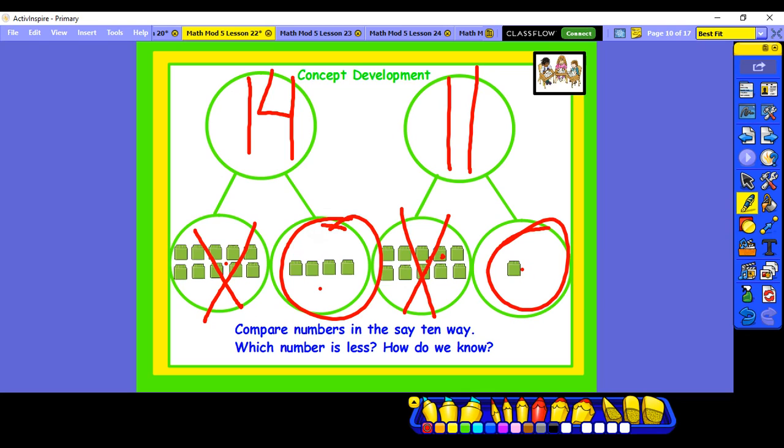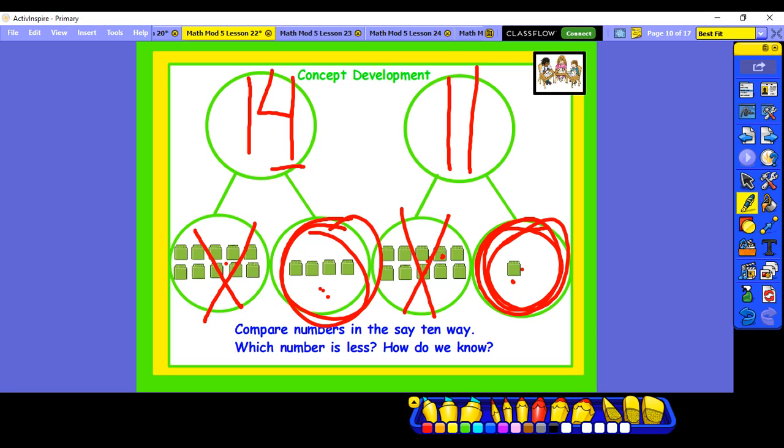How many are left over here? 4. How many are left over here? 1. Which amount is more, 4 or 1? 4. So 14 is more than 11 because 14 has 4 in the ones place.